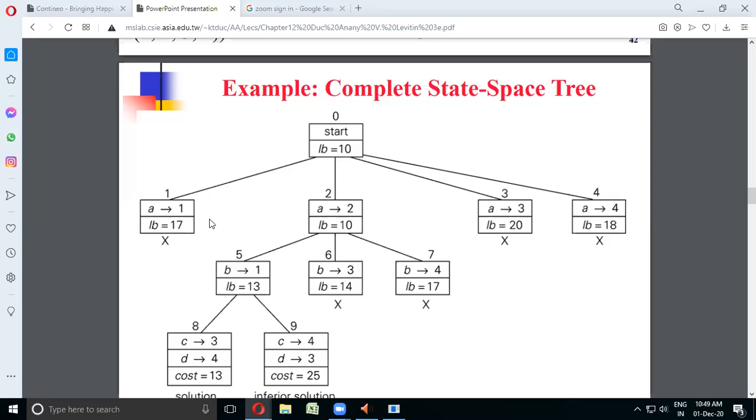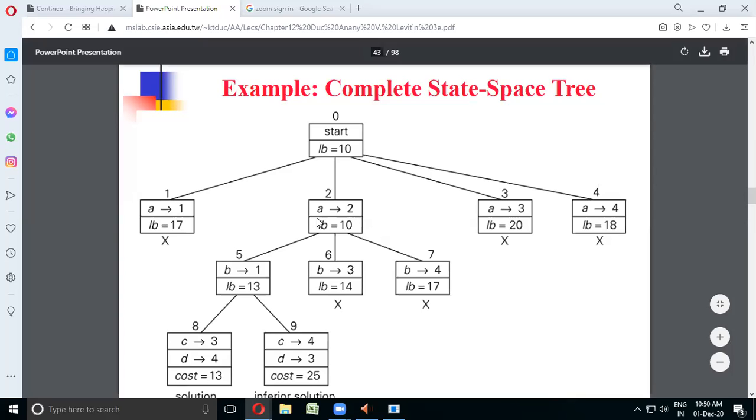In level 1, I decide that person A will be assigned the second job. I neglect the other nodes, where person A is assigned the first, third, or fourth job. I make them unpromising nodes with a cross mark, and then branch out to the next solution.